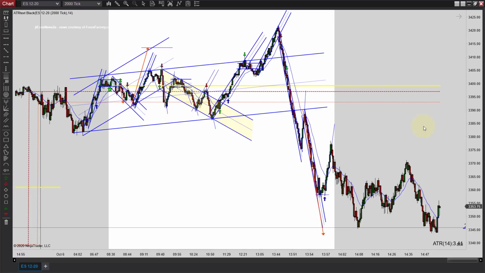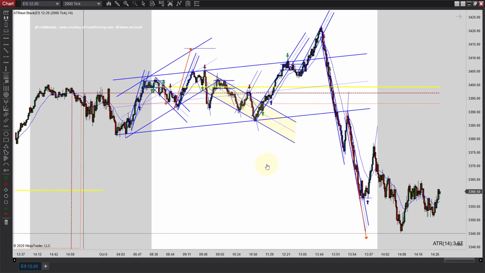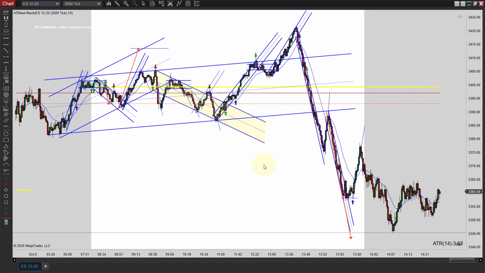And a couple of these green ones, technically from just after 11 o'clock till almost 2 o'clock, there's so much movement there, but you just don't get any good setups. And so it's really hard to trade that. And it's a shame because there's some great movement there. But if you didn't get in on it, don't let it bother you, because if you don't see a setup, you did the right thing. And sometimes that's hard to do.